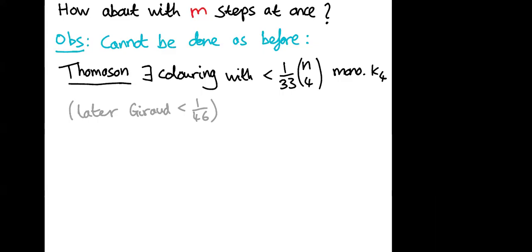And that's just not true anymore. There are colorings with fewer monochromatic K4s than you would think. This is actually Thomason as well, who first proved this. Later, the constant has been improved. So that direct approach is completely closed to us, it won't work.